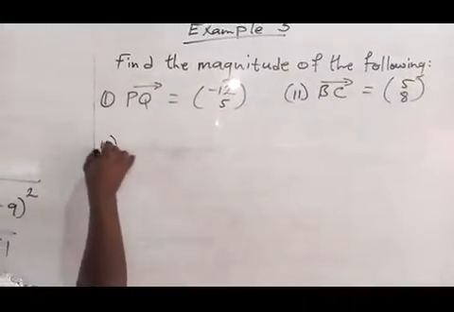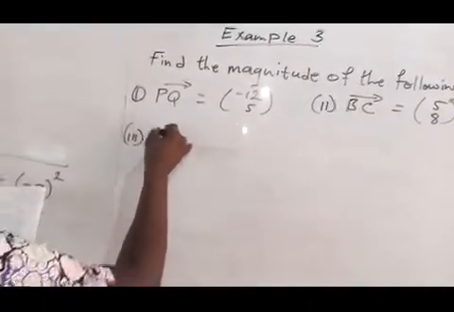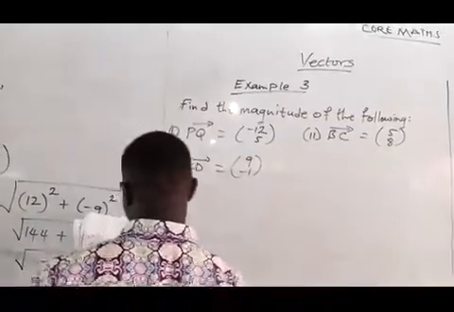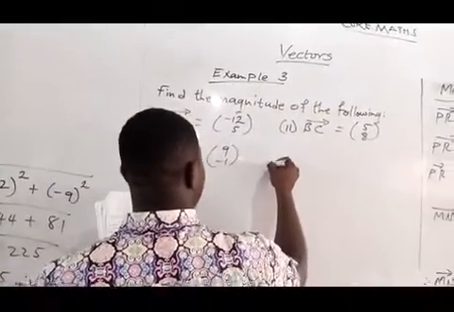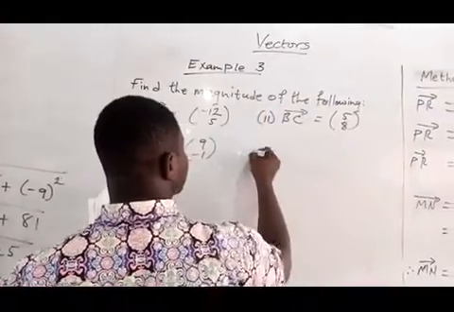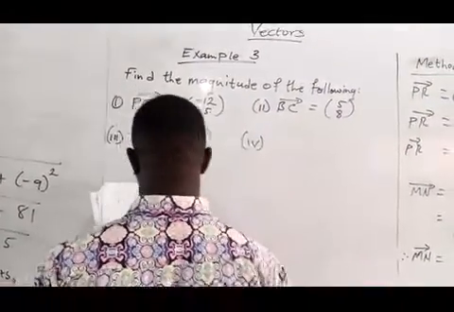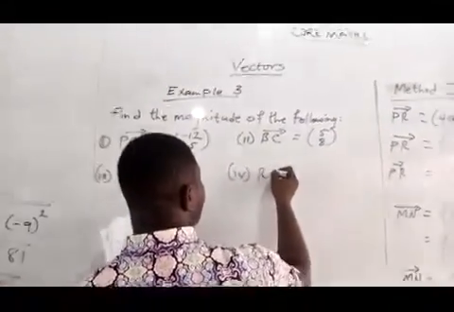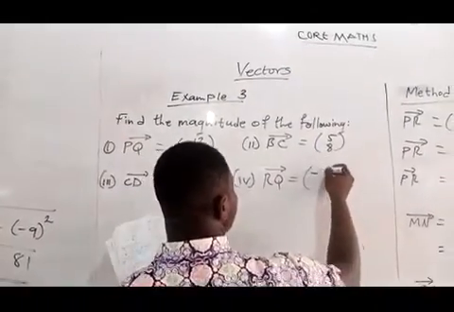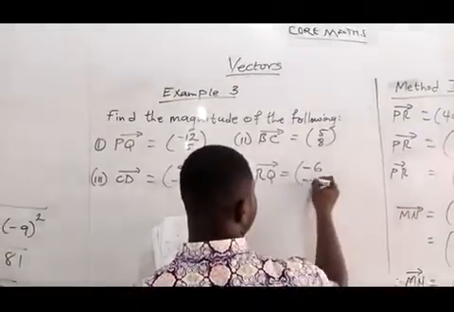Then you have CD to be 9, minus 1, and IV, RQ to be minus 6, minus 12.